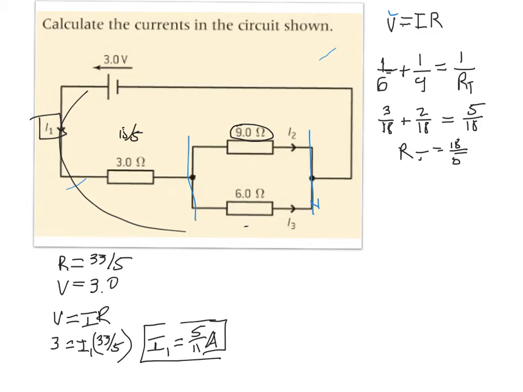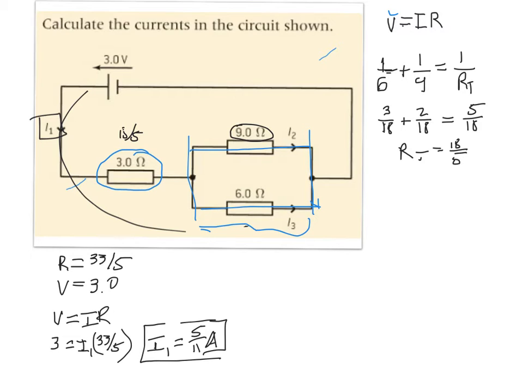Now, I know that the total circuit has 3 volts. What I can do, now that I have the current being 5 over 11, is I can find out how much potential is lost here. Whatever's lost here, the leftover then has to be lost in the parallel circuit here, which means I have to lose that much on the top and on the bottom, because the potential difference has to be the same on the top and the bottom.